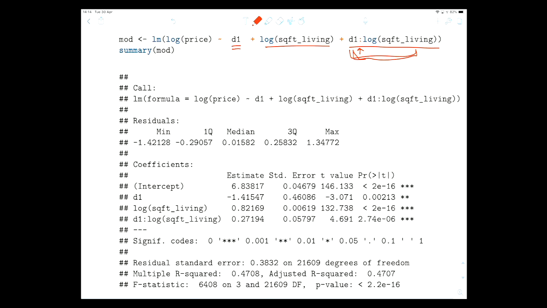Does everybody get that? And so when we get the summary of that, we would get our four estimates: beta 0 hat, beta 1 hat, beta 2 hat, and beta 3 hat. Does everybody get that?